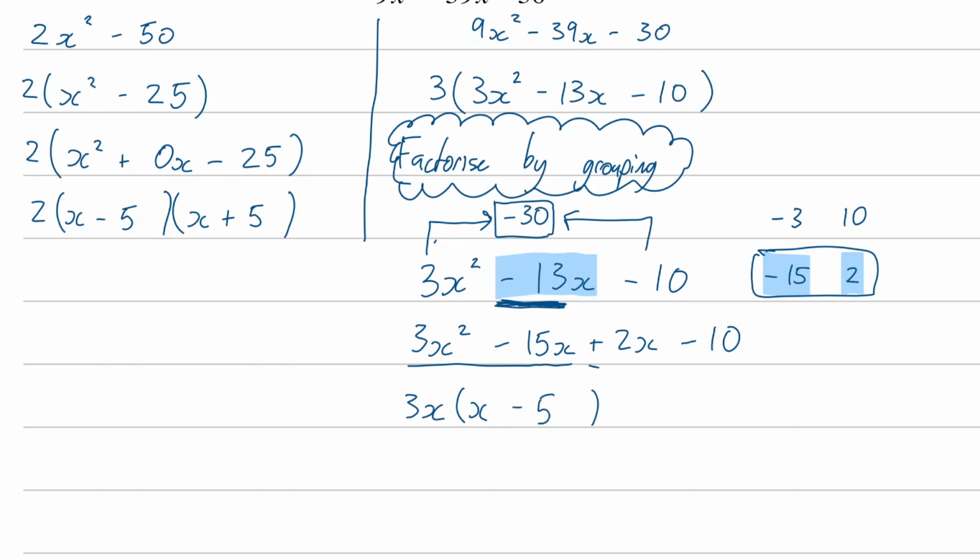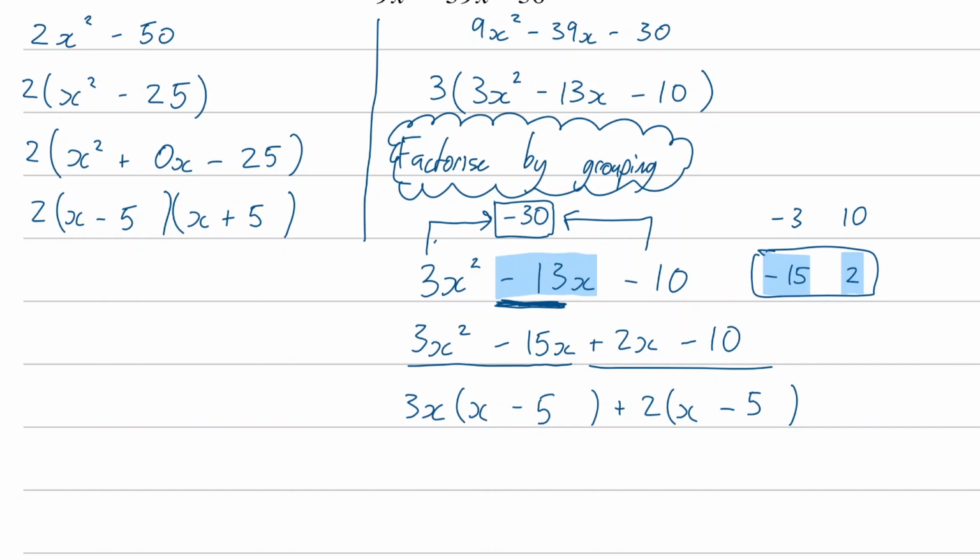And now we factorize the second two terms. So plus, I see a greatest common factor of 2. And what are we left with? 2 times what gives us plus 2x? x. 2 times what gives us minus 10? Minus 5. So we just split that up. We factorized those expressions.